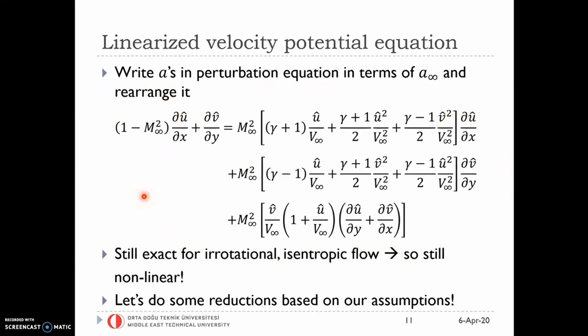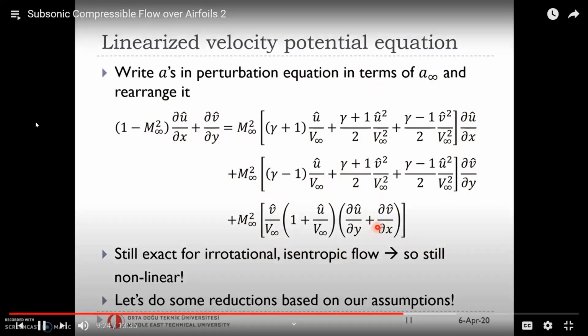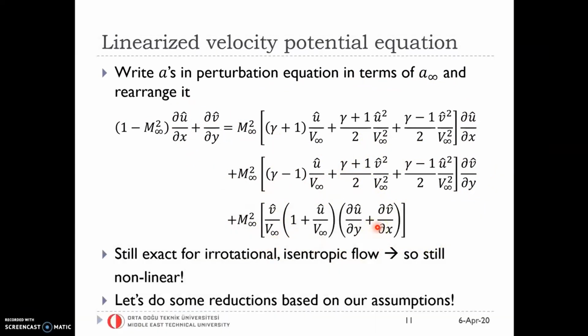This is rearranged on purpose in this manner, because now you have similar derivative terms on both sides: du hat over dx times some terms in brackets, then dv hat over dy. On the right hand side you have a similar term, and finally this final term here. It's still nonlinear. We haven't done anything yet, so it's still exact for an irrotational isentropic flow.